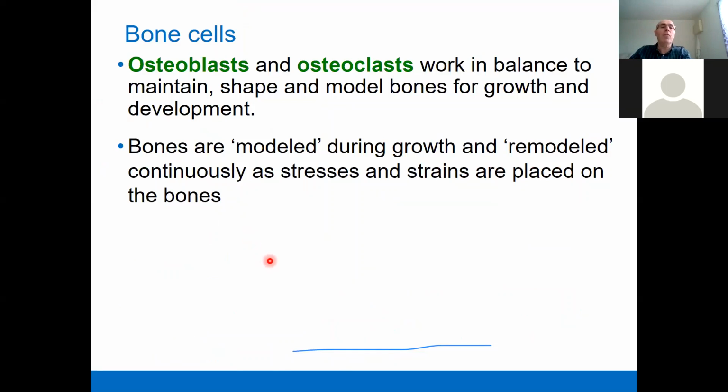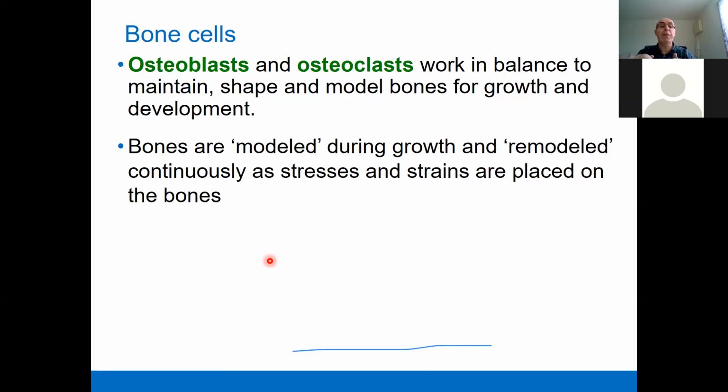Osteoblasts and osteoclasts work in balance to maintain the shape and model bones for growth and development. This is really important for our health, to maintain the health of our bones.